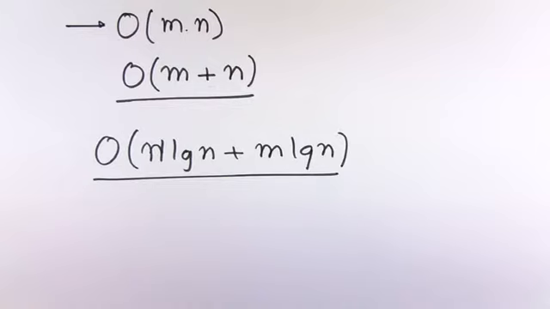This is what we will get. The first term is to sort the array L, and the second for m searches, right? Agreed? Good. Anything better than this?